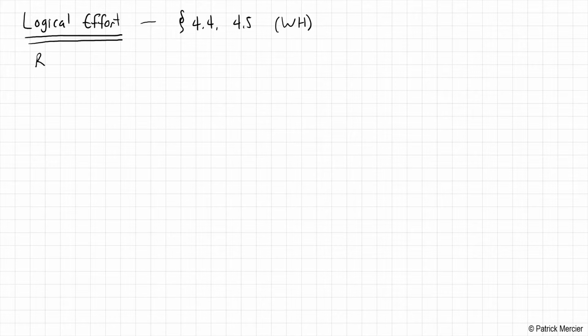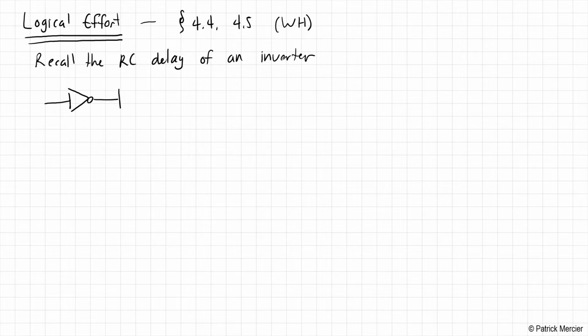Okay, so let's recall the RC delay of an inverter. Okay, so we said, we have some inverter. Let's, in this case, analyze a loaded inverter. This is INV1, INV2, and let's make these of size 3 each. Okay, so what we said is we could go ahead and represent this circuit.